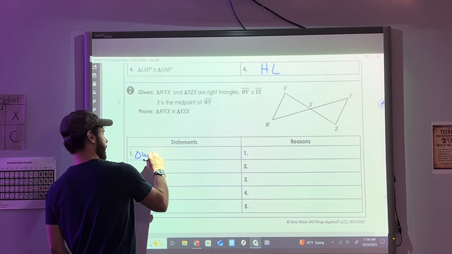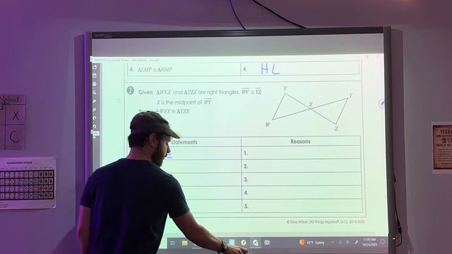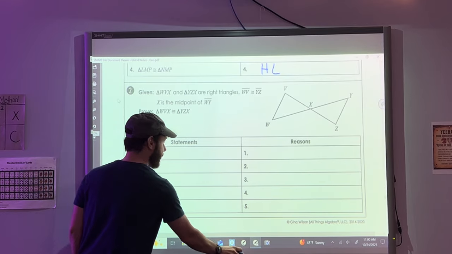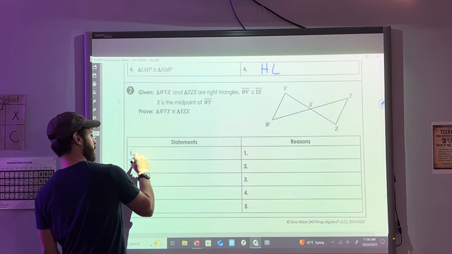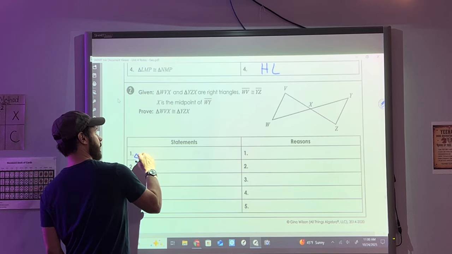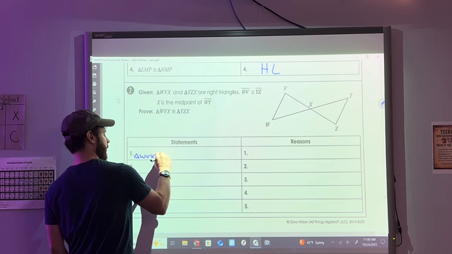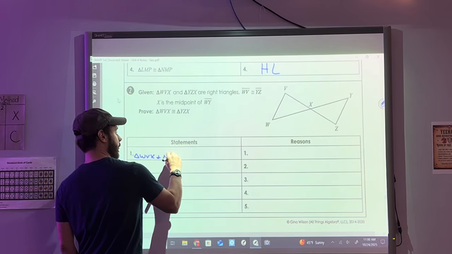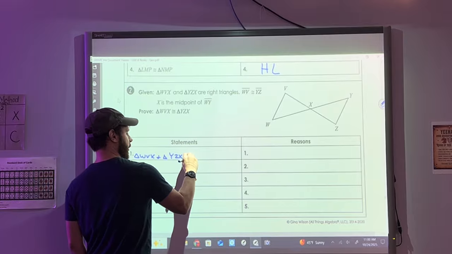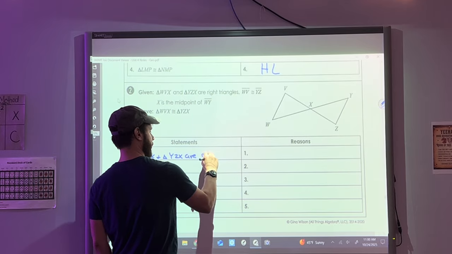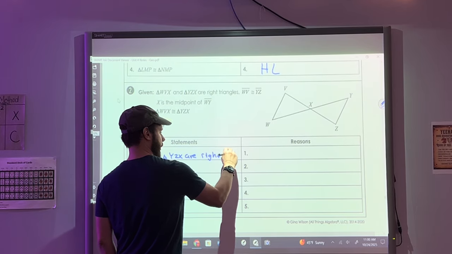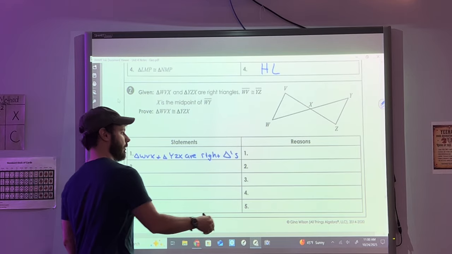Triangle WVX. No, I'm going to run out of space here. Triangle WVX and triangle YZX are right triangles. Shorthanded. Given.